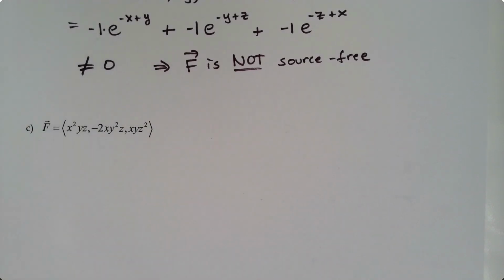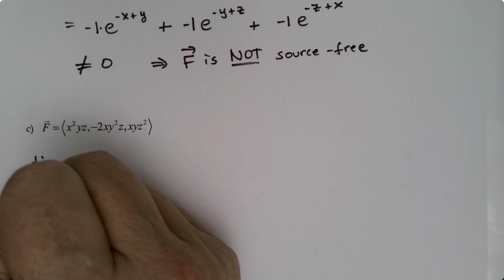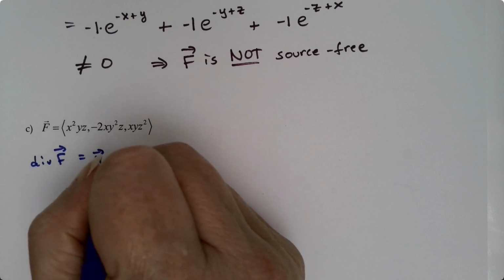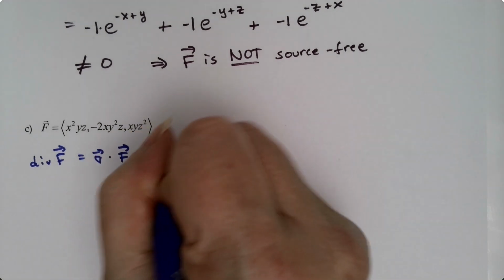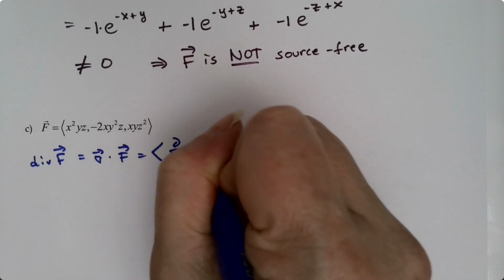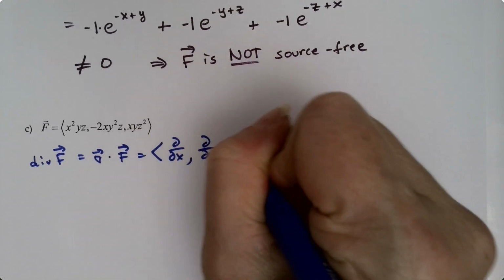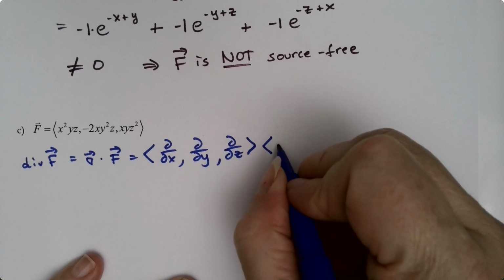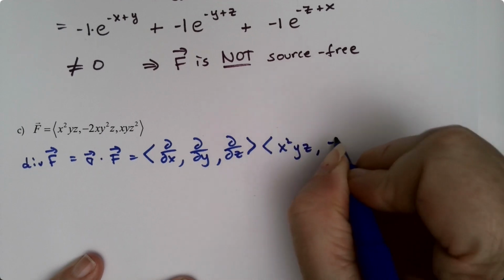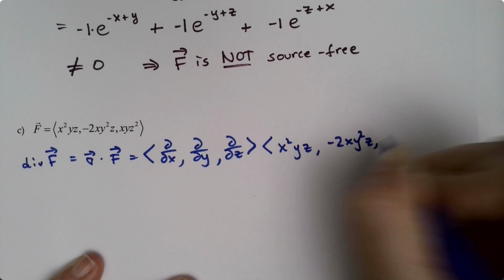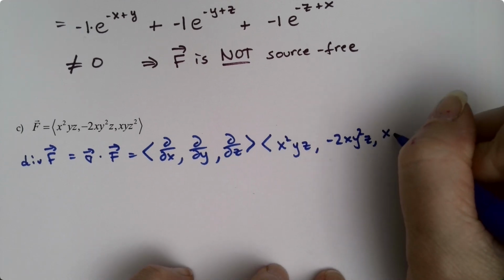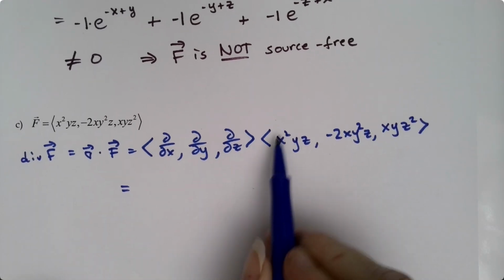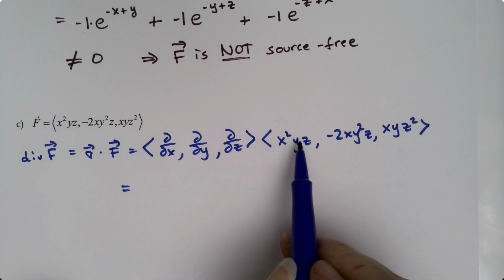All right, last one. The divergence of f is equal to the del operator dot product with the vector field. And then we're going to take this x squared yz, negative 2xy squared z, and then xyz squared. The derivative of this with respect to x would be 2xyz.